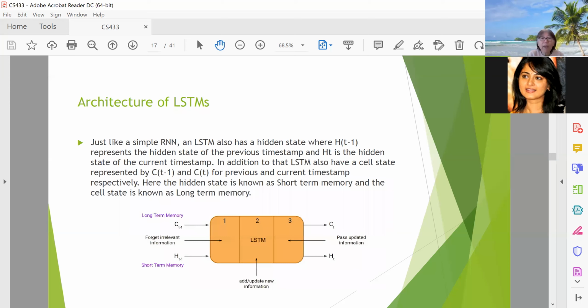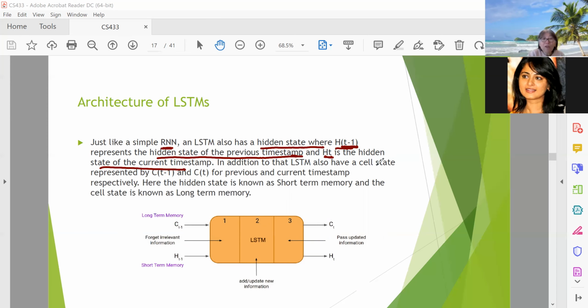Let's see. Here it says, anyway, LSTM is also a recurrent neural network, so it has a hidden state. Regarding the previous time step, we call it H T-1, so it represents the hidden state of the previous time step. Be careful, okay? And H T is the hidden state of the current time step.